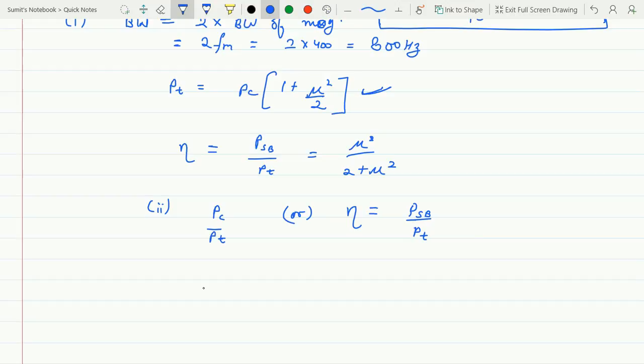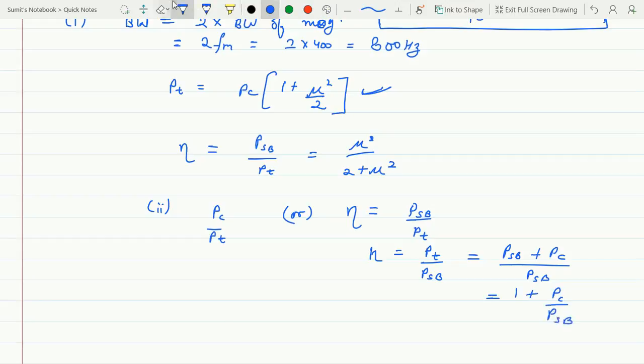So if I write PT as PSB plus PC, I can write it as eta equal to PSB plus PC by PSB, and then you can find out this becomes 1 plus PC by PSB.